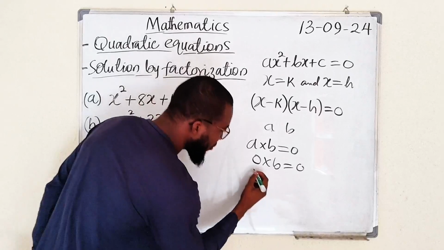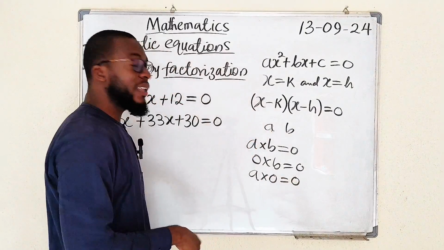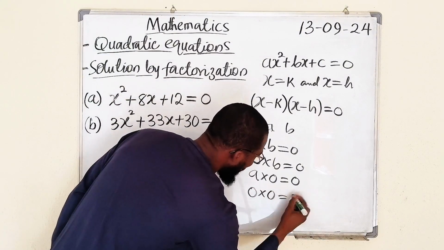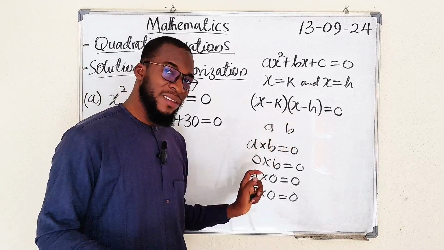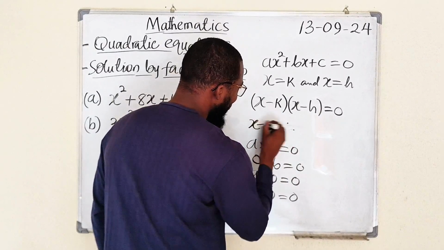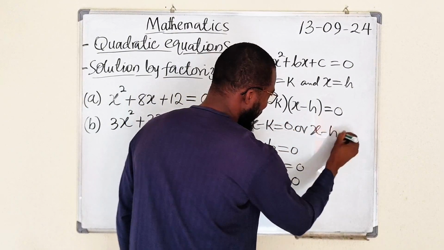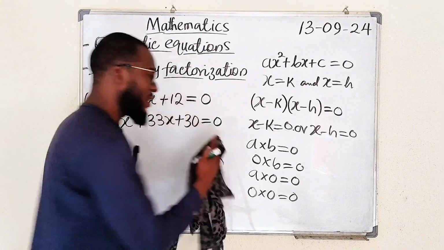And if b is 0, we have a multiplied by 0, this is equal to 0. And even if all of them are zeros, we have 0 times 0 to be equal to 0. So since we don't know which of these factors is 0, it implies either of them, either x minus k equal to 0 or x minus h equal to 0. This is what you should know about factoring.